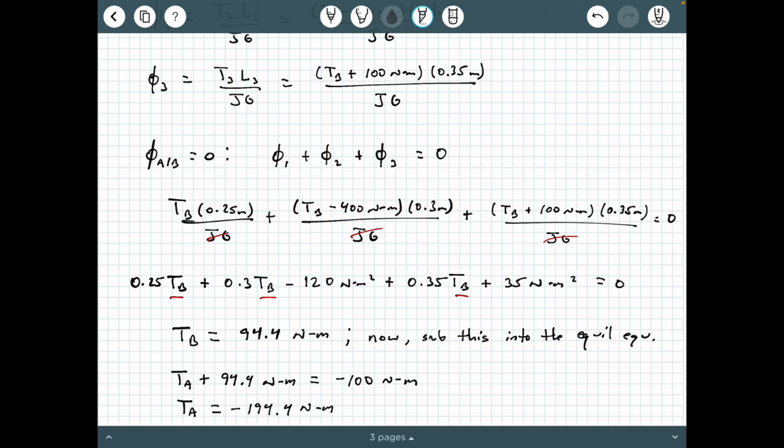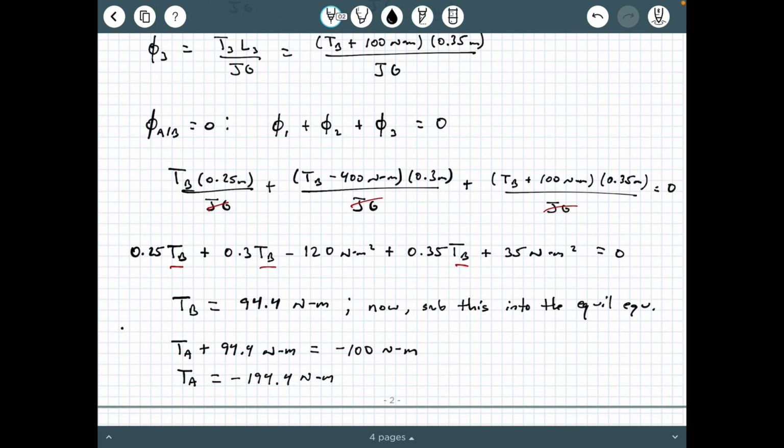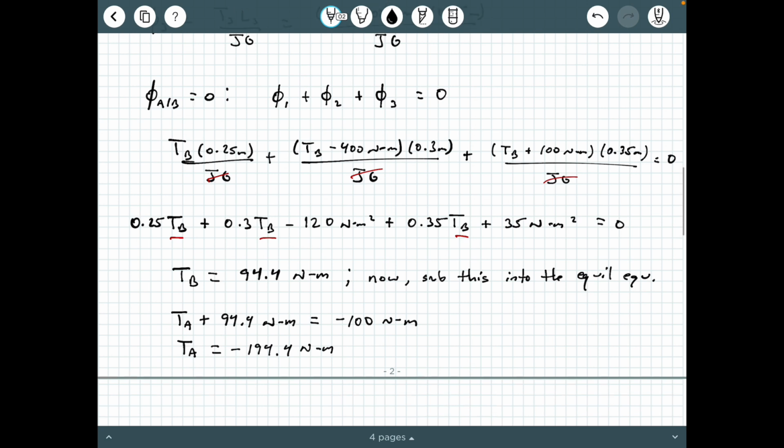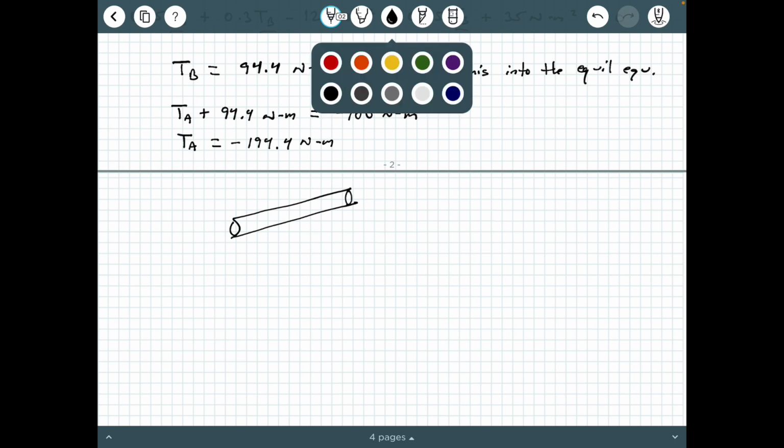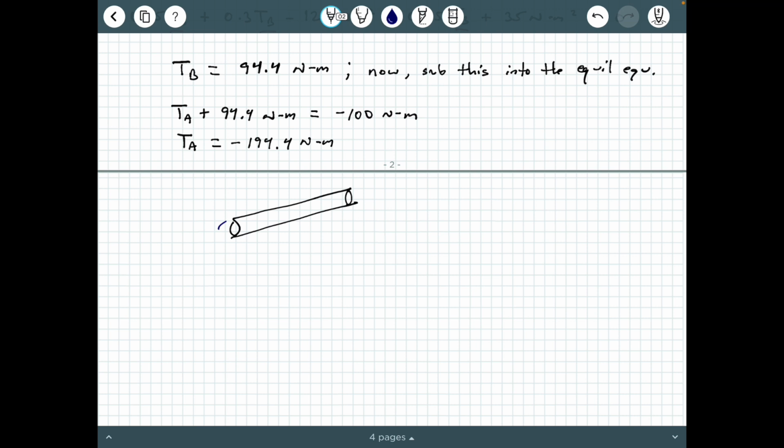The next part is we're going to use these to draw the internal torque diagram. So to draw the internal torque diagram, to help me out, I'm going to go ahead and resketch what this shaft looks like now that I have the reactions, okay? And so TB is, of course, right here.